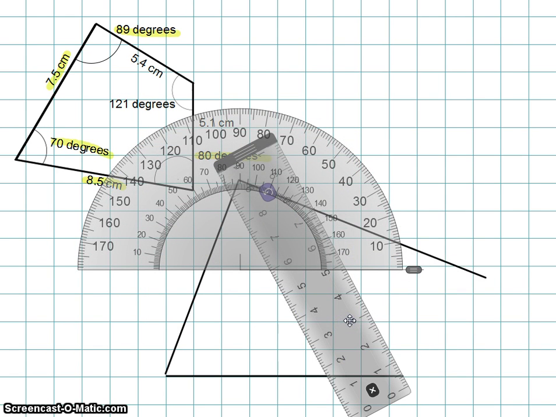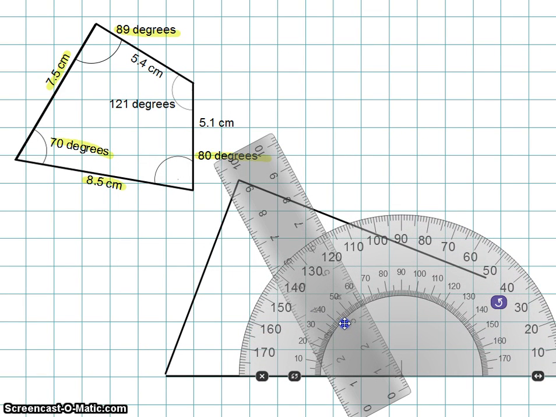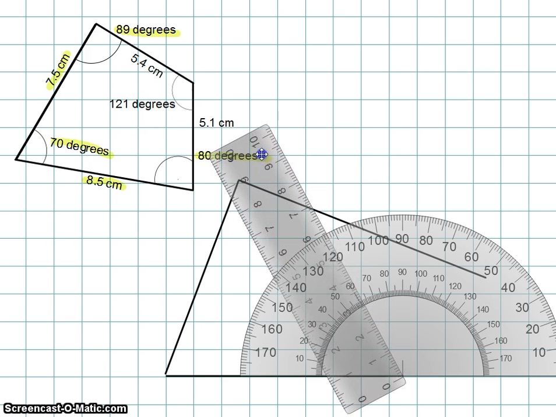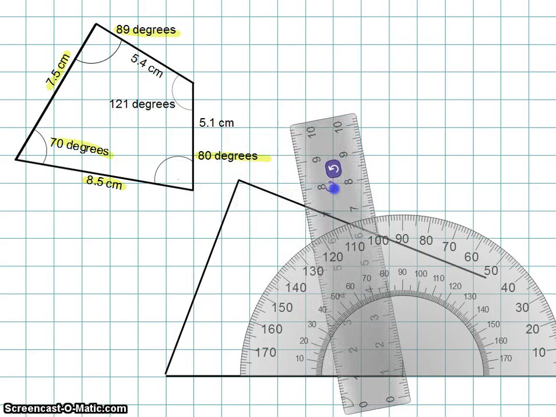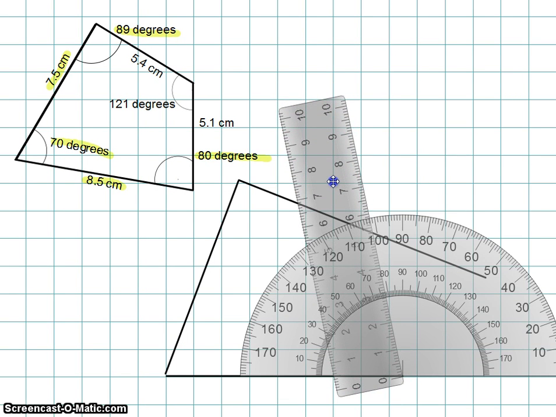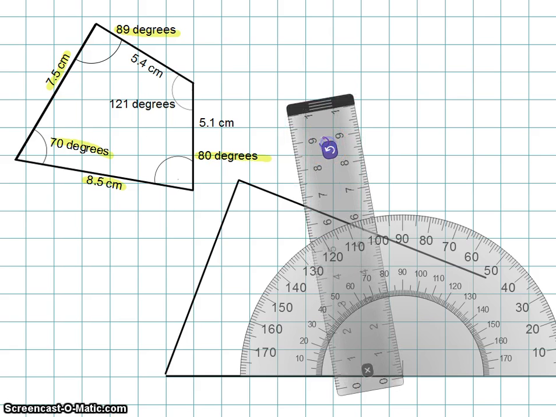Hold on a sec, better try that again. So I'll put my protractor there, and I've got to position the ruler so it's at 80 degrees. Just going to be a bit careful so it's accurate. How's that look? I think that looks pretty good.